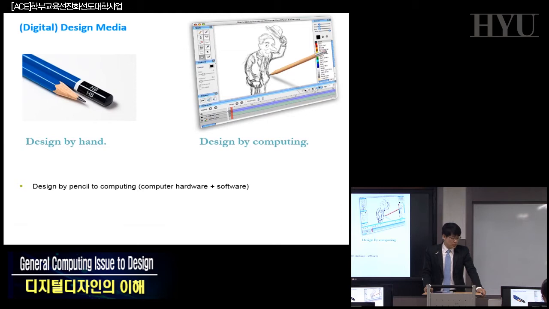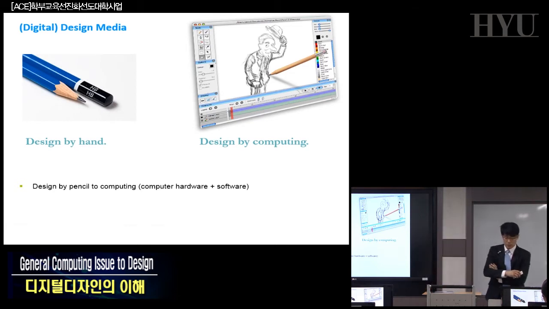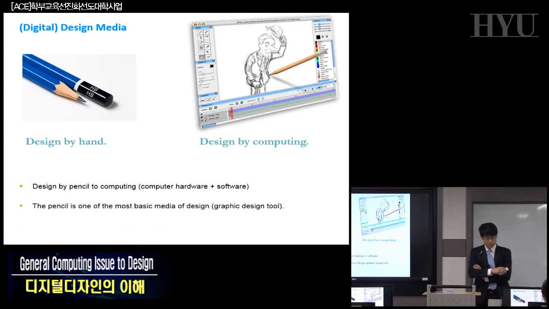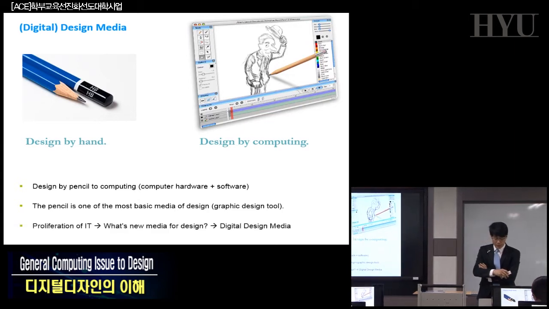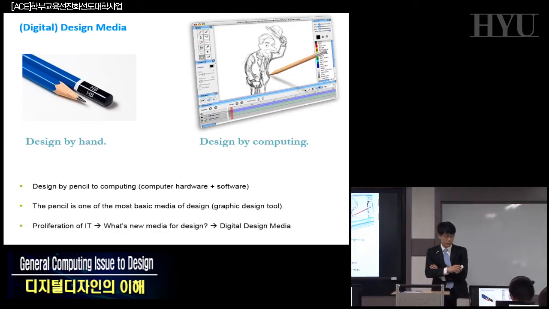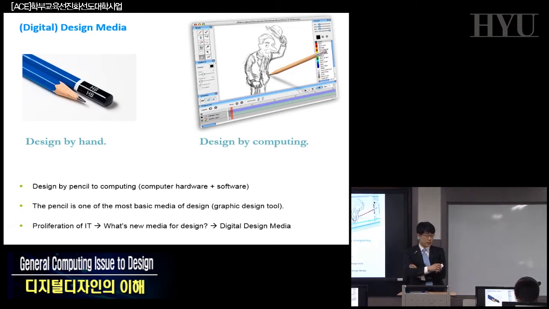Design by pencil to design by computing. That's a kind of revolution of design media. So-called design media, thanks to the proliferation of information technology, now the medium, what I mentioned before, is computing, and that media is so-called digital design media.